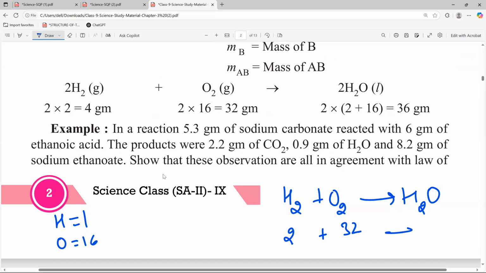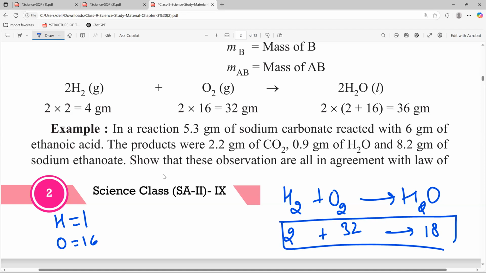But check it in water. Water is 2 hydrogen atoms and 1 oxygen, which means 2 plus 16 is 18. 2 hydrogen has mass 2 because 1 hydrogen atom has mass 1, and 1 oxygen atom has 16. But you see that it is not following the law of conservation of mass.